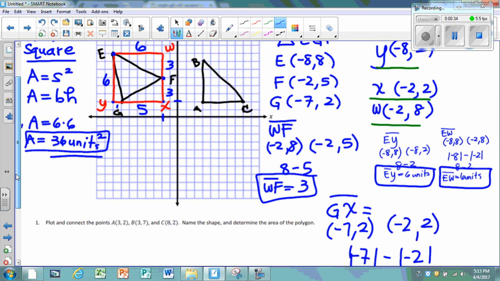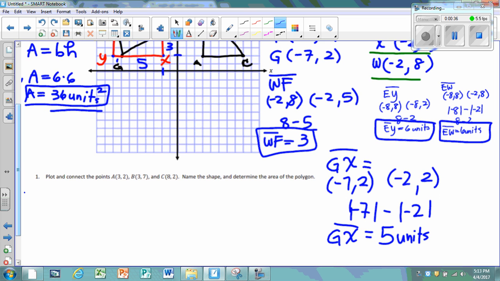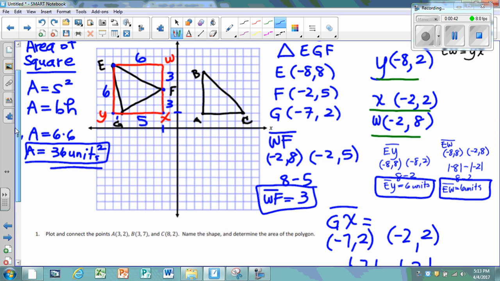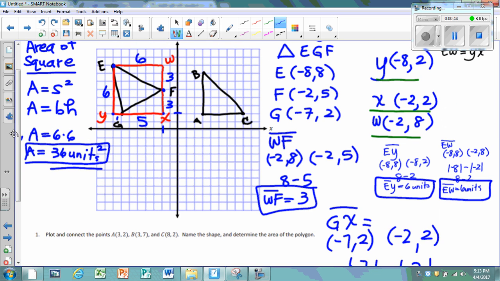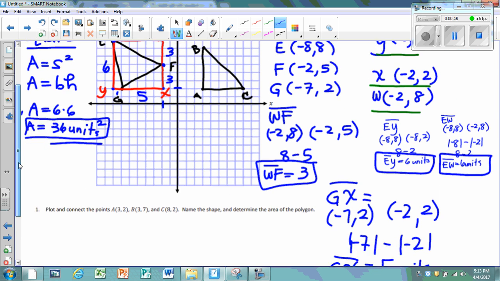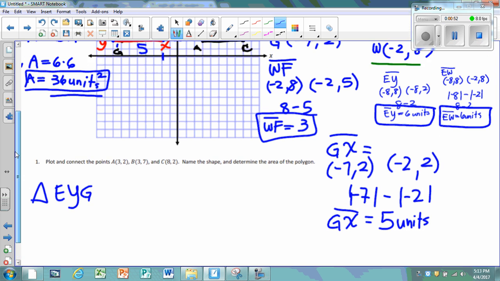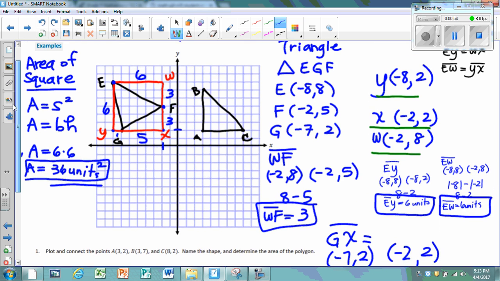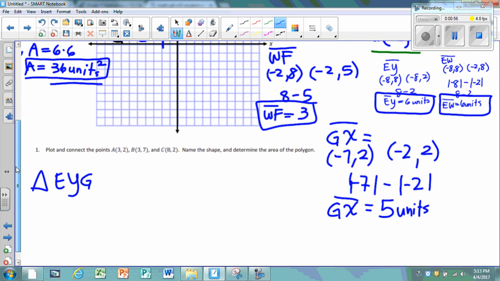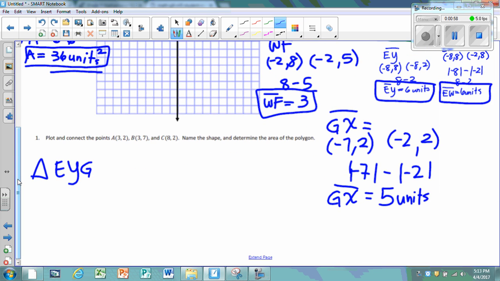So if we take a look at our shape here, we've got a triangle EYG. Okay, that's one of them. Triangle EYG. And for a triangle EYG, we've got a height of 6 and a base of 1.